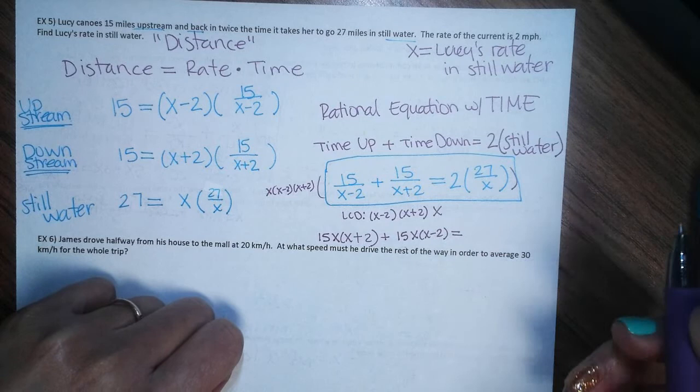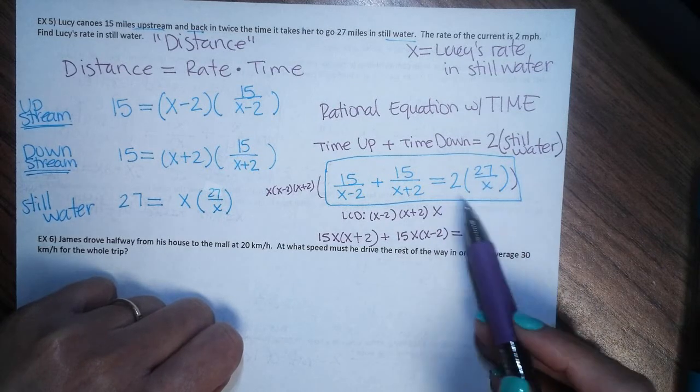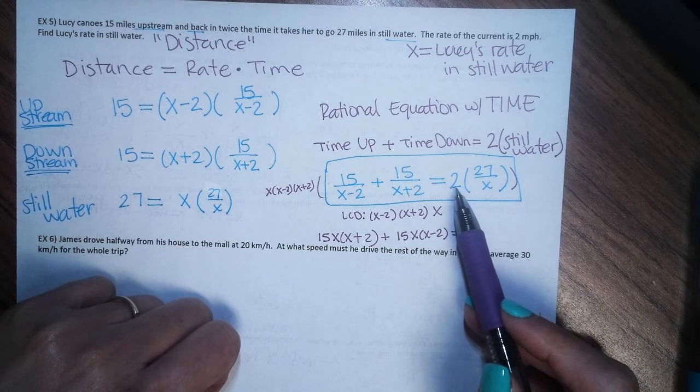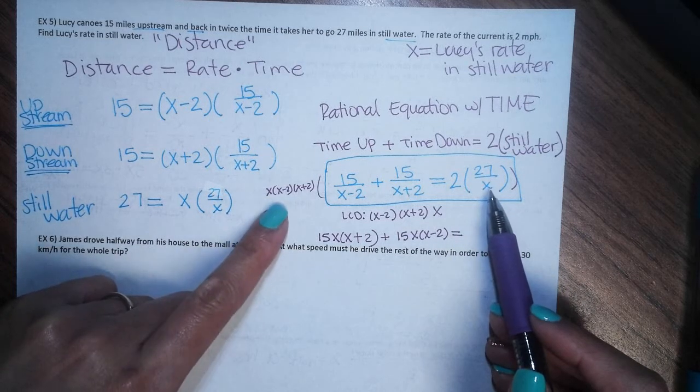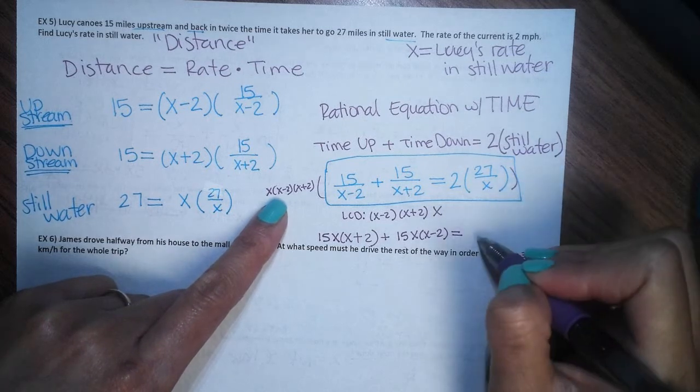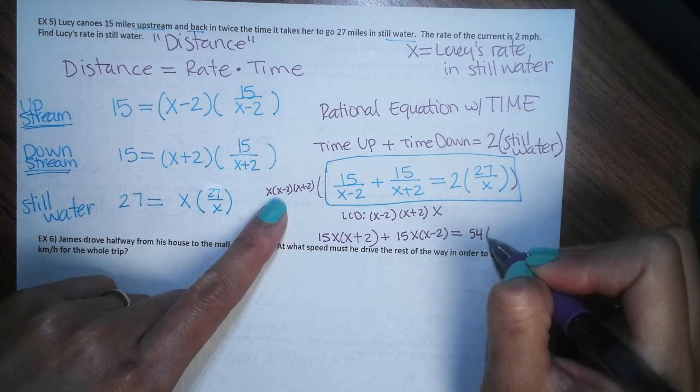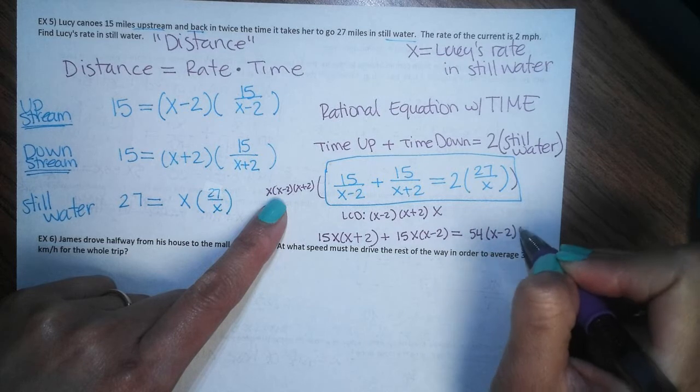Equal, if I multiply 2 times 27, I think that's just 54. So if I multiply 54 over x times the LCD, I'm going to get 54 times x minus 2, x plus 2.